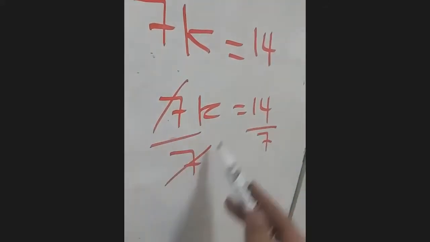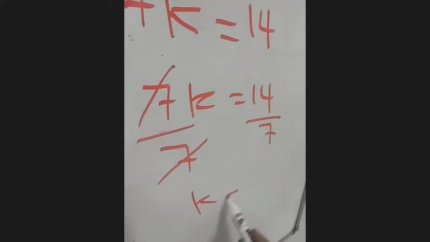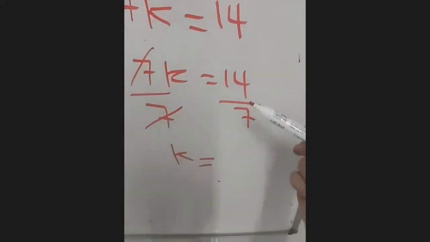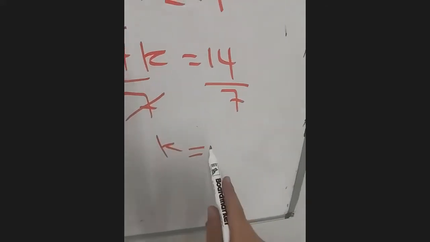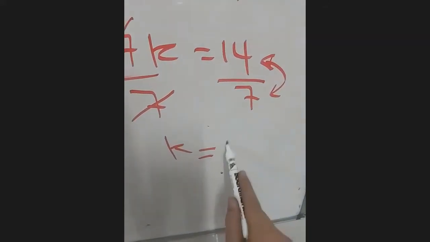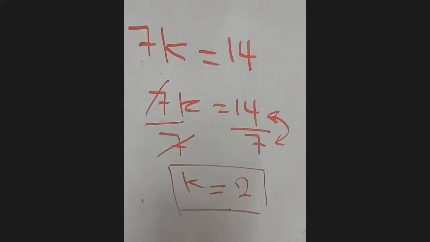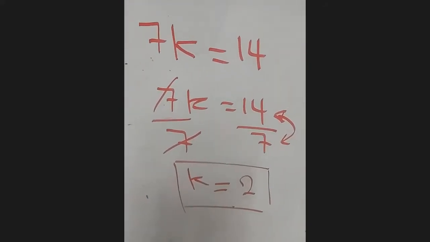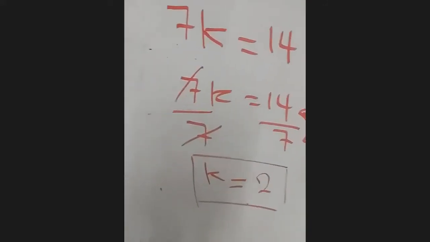Still K, and the equal comes down. Here, 14 divided by 7, how much? 2. So K equals 2. Do you understand it? Yes. Are you sure? Yes. Don't forget it, okay? Okay. Fine. Else guys, any questions?